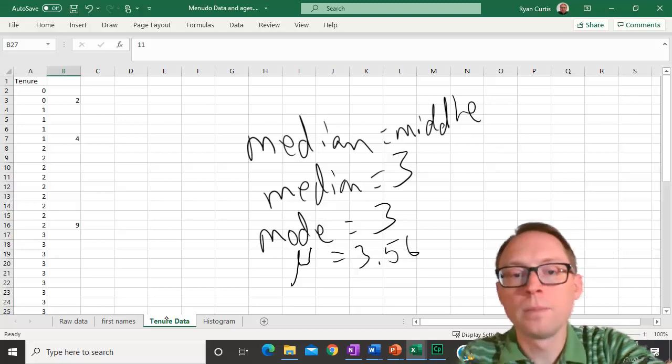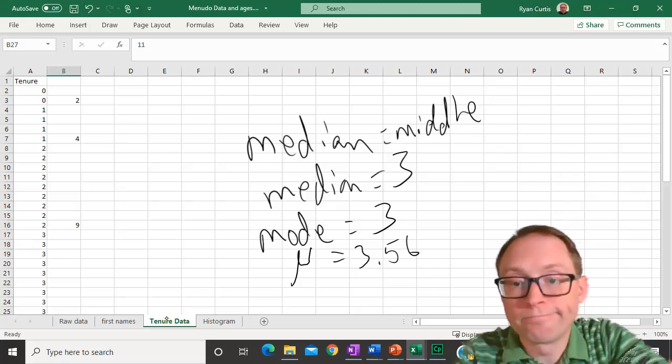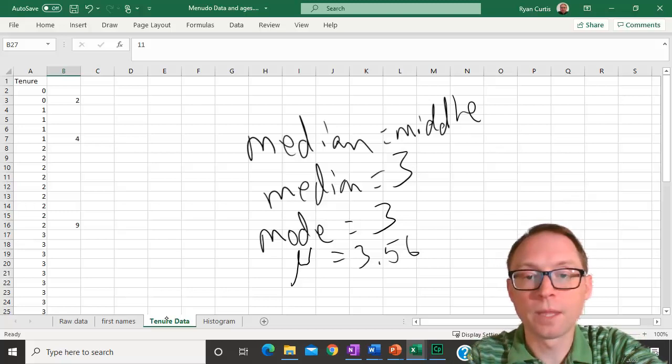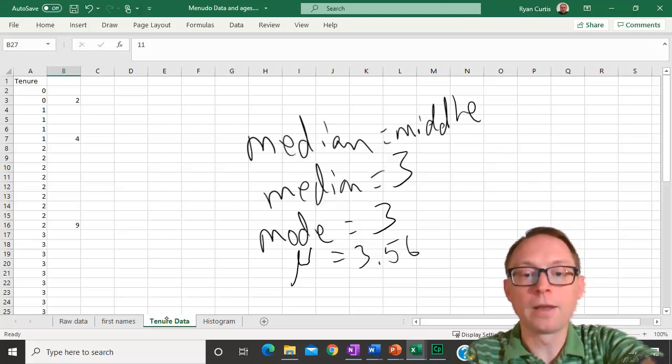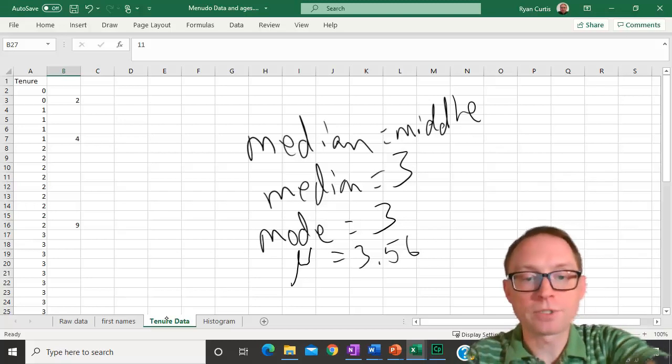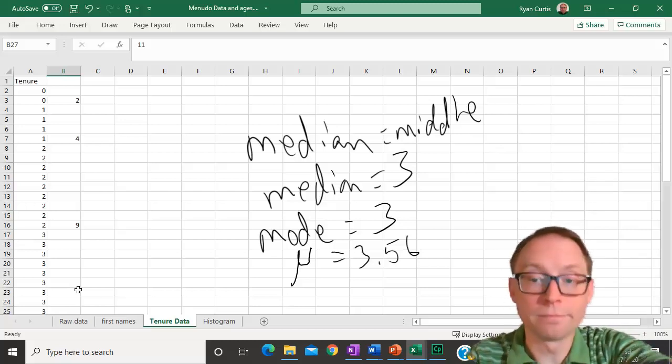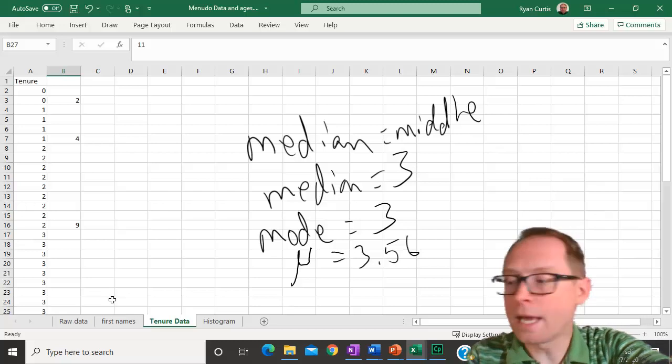That's mean, median, and mode. For the entire population of members of Menudo, the median tenure, the median number of years that you were in the group, is 3, the mode is 3, and the average is 3.56. The mean is 3.56.